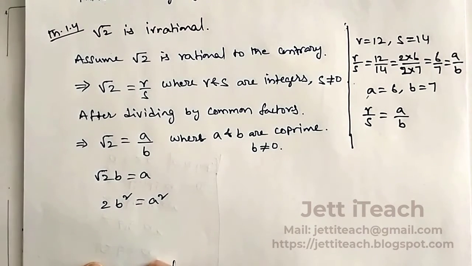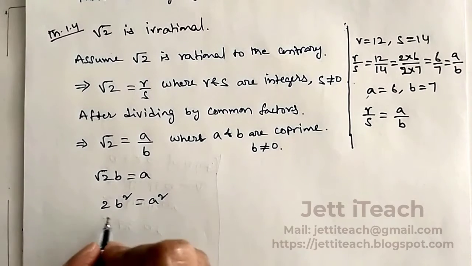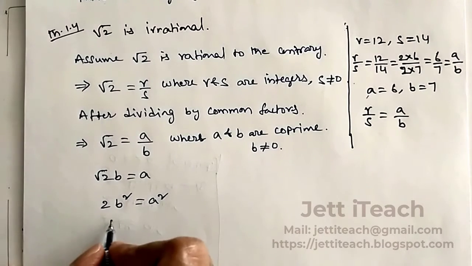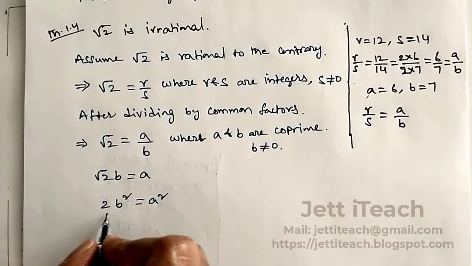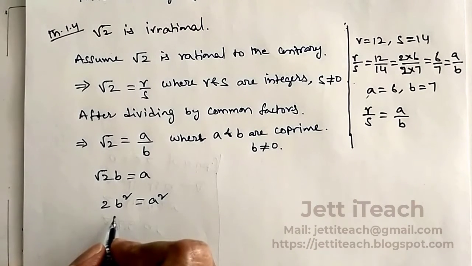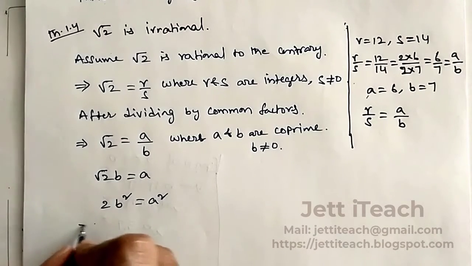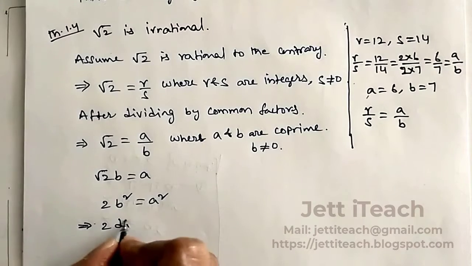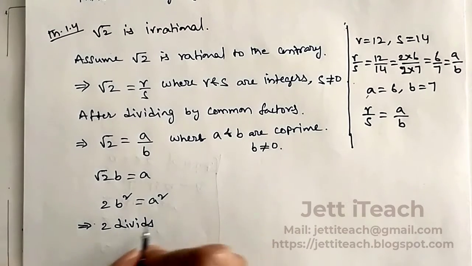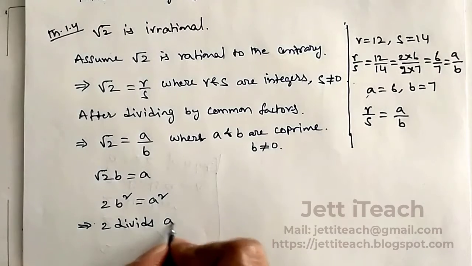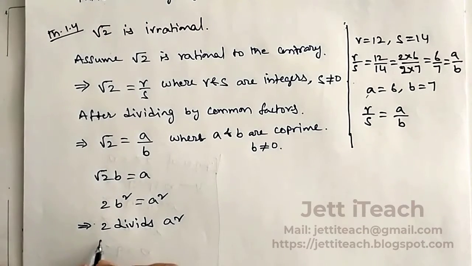So it means 2 divides a square. So 2 divides a. So it's the first point.